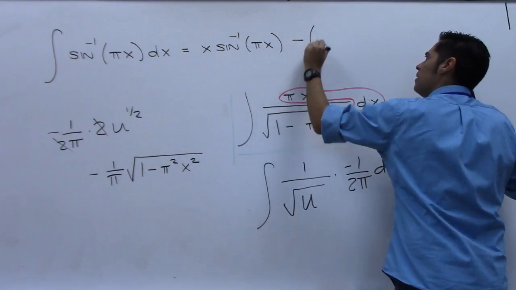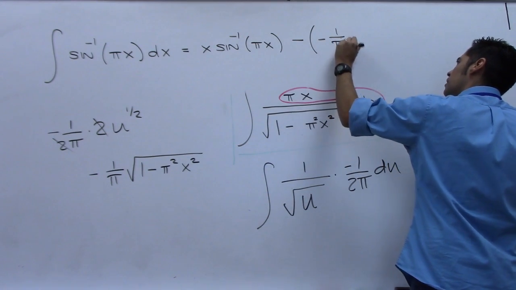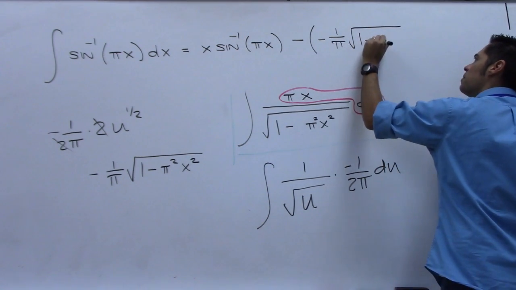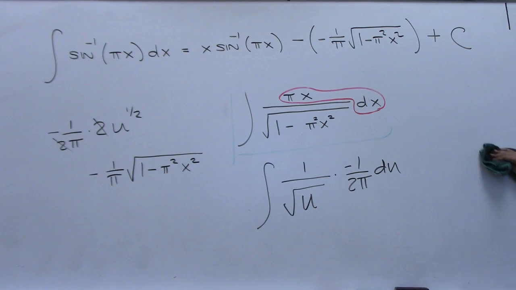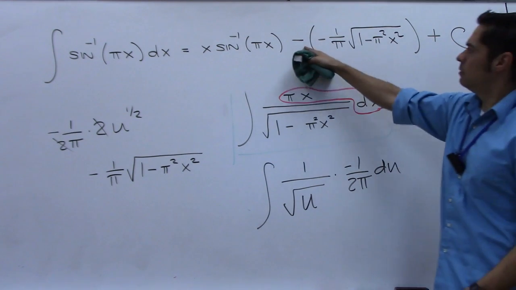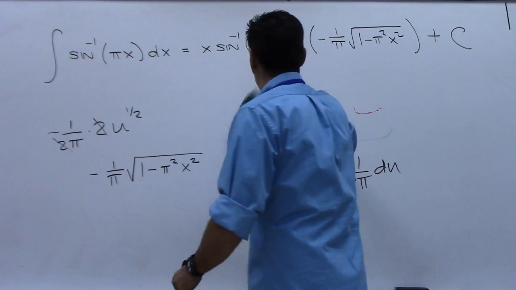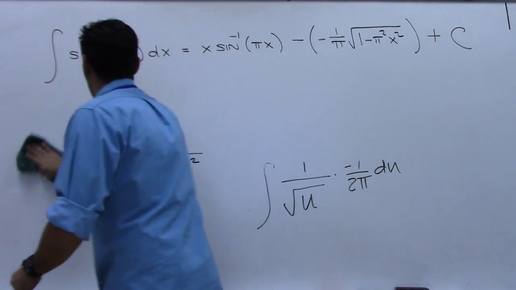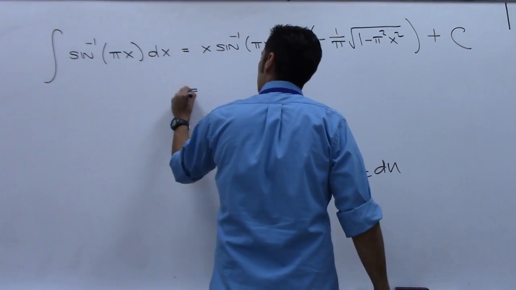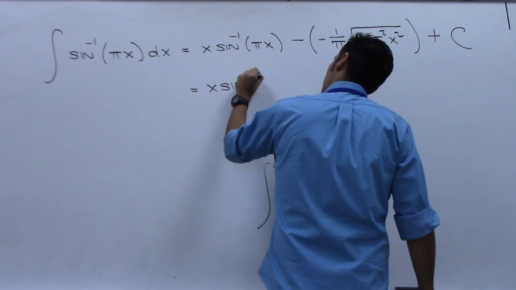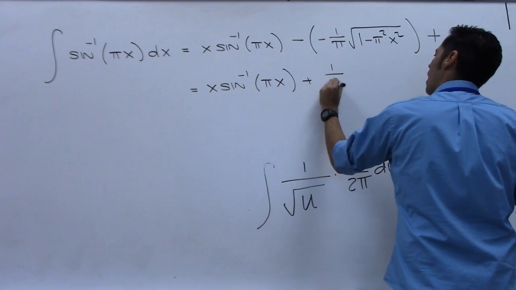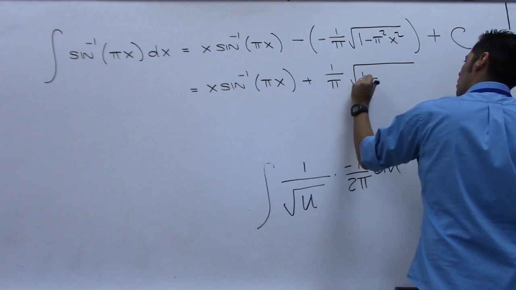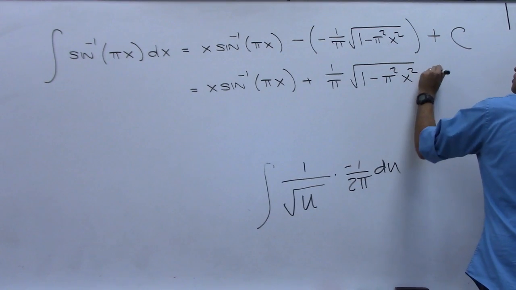So another negative 1 over pi square root 1 minus pi squared x squared plus c. And the minus becomes plus right there. So equals x arc sine pi x plus 1 over pi square root 1 minus pi squared x squared plus c.